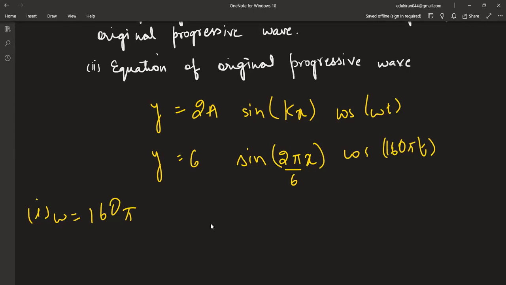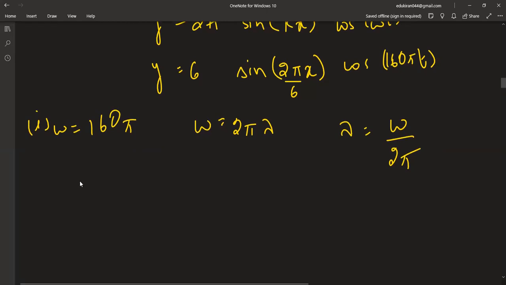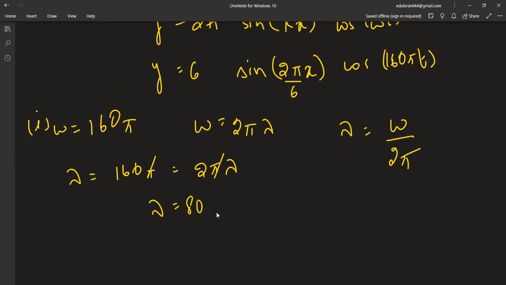We have to find out linear frequency. Omega is equal to 2 pi nu. So linear frequency will be equal to omega divided by 2 pi. That is, 160 pi equals 2 pi nu. So frequency will be equal to 80 hertz.